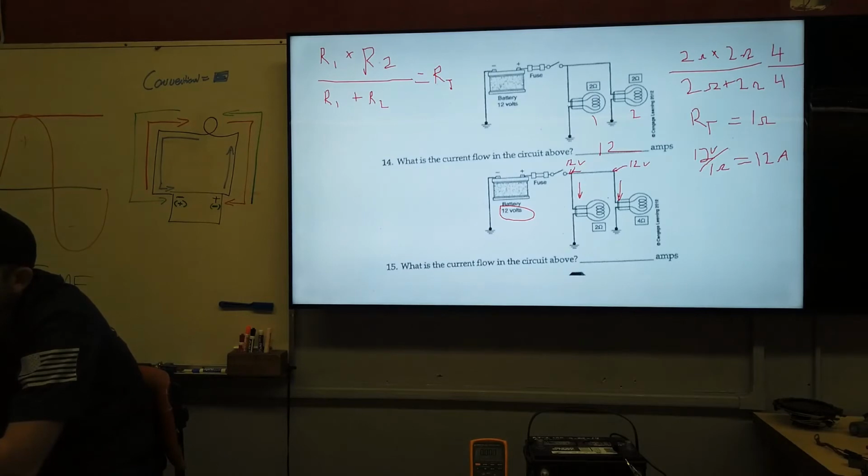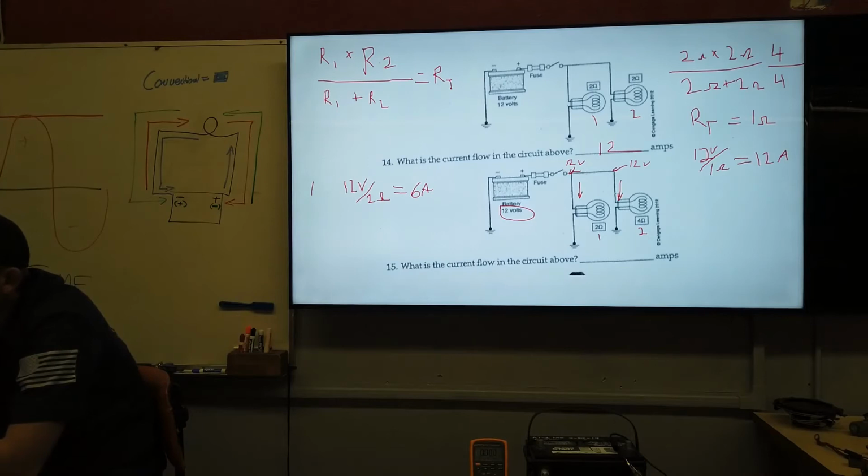So I can use simple Ohm's law and calculate the amperage for this leg and the amperage for this leg. And so if I call this again resistance 1 and that resistance 2, then for 1 we're going to calculate our amperage there: 12 volts divided by 2 ohms, and that would give me 6 amps.